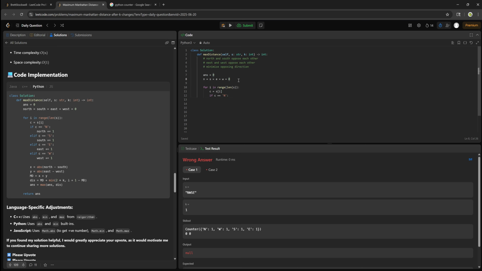I think a better solution is actually to have what I had, which is directions equals north 1, south minus 1, east 1, and west minus 1.